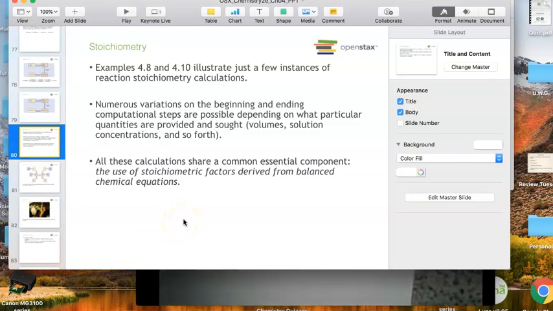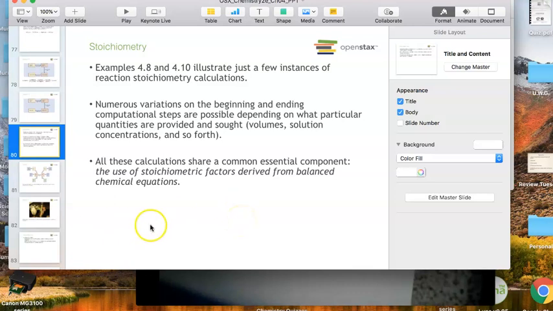Okay, so talking about stoichiometry here, it says examples 4.8 and 4.10 illustrate just a few instances of reaction stoichiometry calculations. There are numerous variations of the beginning and the ending of computational steps possible depending on what particular quantities are provided and sought: volume, solution concentration, and so forth.